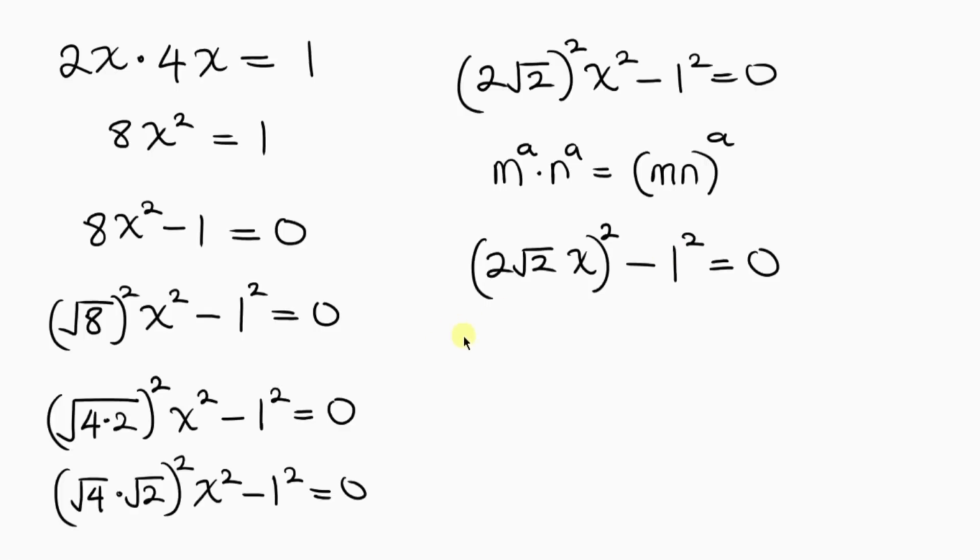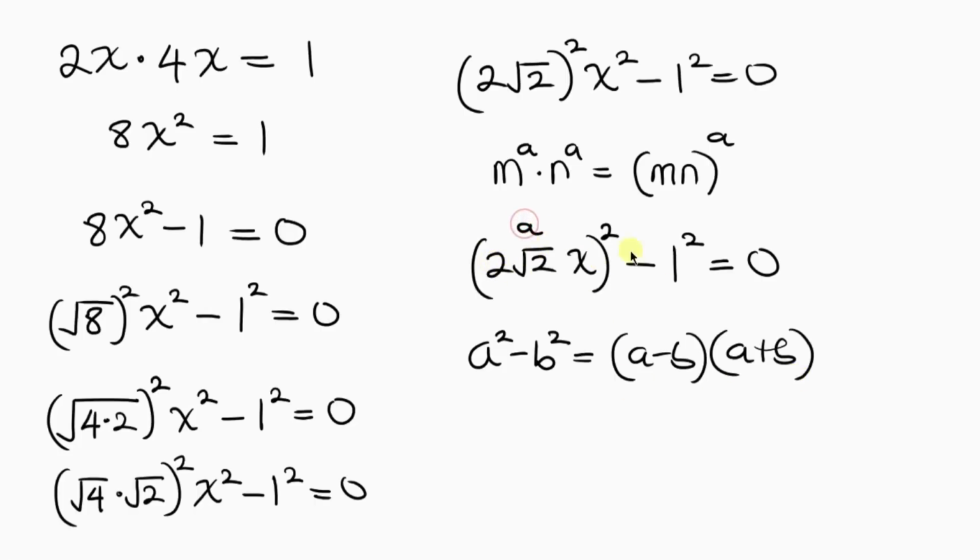And difference of two squares has property of, for example, when I have a squared minus b squared, this can be written as a minus b times a plus b. Very good. So now let's express this like this. So we can call what we have inside of this parenthesis as a and this one as b.